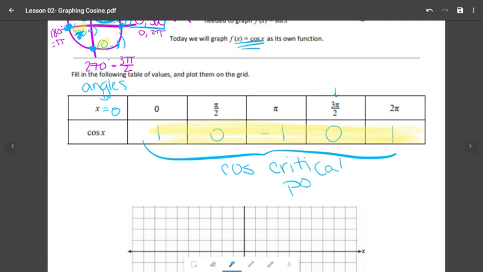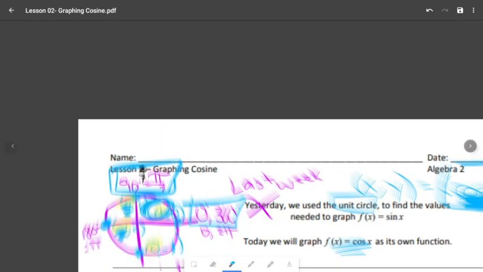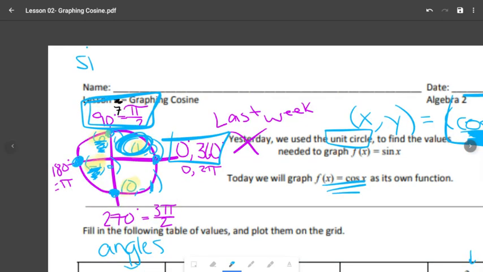Remember when we graphed sine, we had those 5 critical points for sine. So we'll go over them up at the top. Remember I said technically they should be memorized, but obviously right now you can just keep referring to your paper. Sine's critical points were 0, 1, 0, negative 1, and 0.